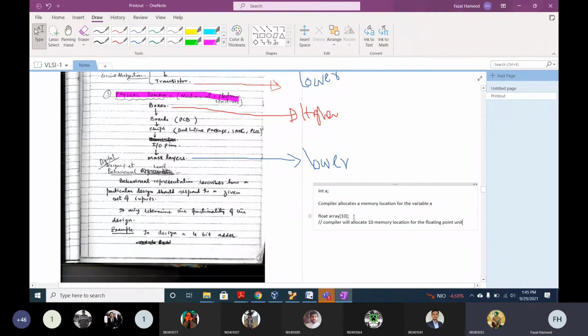All these details, are they visible to the programmer or hidden from the programmer? Not visible. It is hidden from the programmer. Which memory location? What is the address of that location?